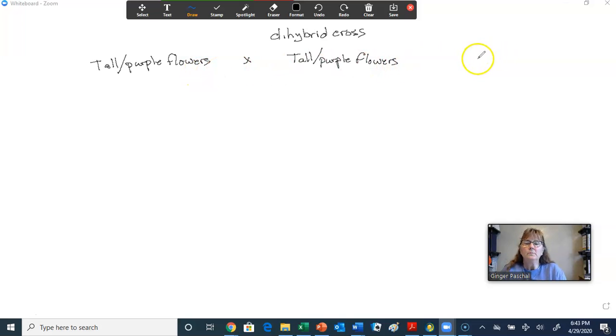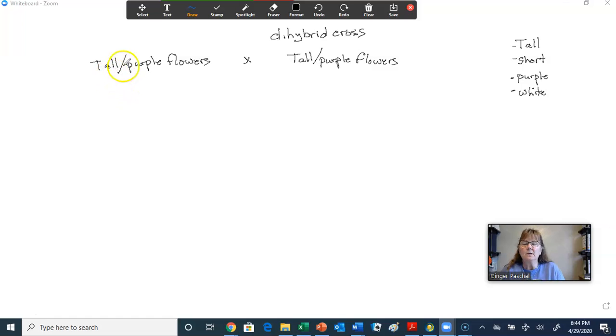Now, tall is dominant to short. So these two are the same gene. They're 2 alleles for the same gene. And purple flowers are dominant to white in pea plants.